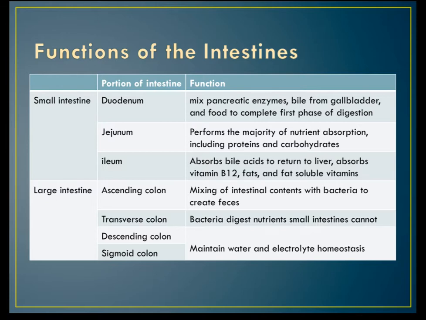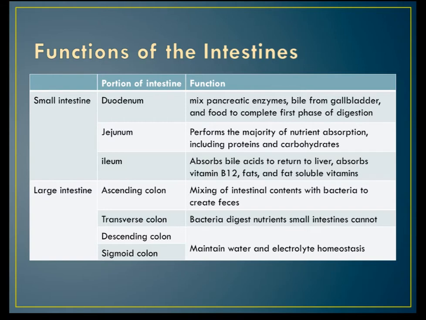And digestion is definitely occurring in the duodenum. The jejunum is more notorious for its absorption, so it does a majority of nutrient absorption, including proteins and carbohydrates. The last portion of the small intestine absorbs the bile acids to be returned to the liver, so it also absorbs fats and fat-soluble vitamins, as well as vitamin B12.